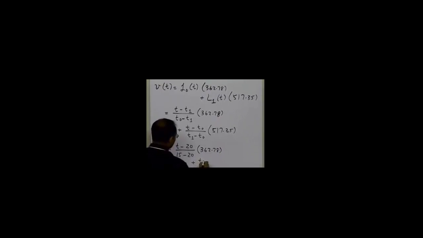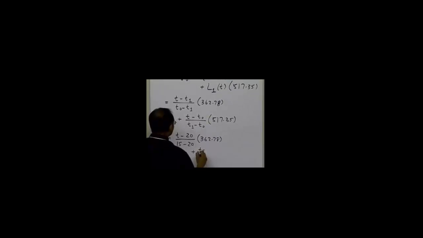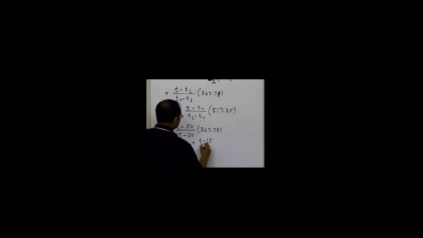Now I can substitute these values: t minus t1 is 20, divided by t naught, which is 15, minus t1, which is 20, times 362.78, plus t minus t naught, which is 15, divided by t1, which is 20, minus t naught, which is 15, times 517.35. So that's going to be my Lagrangian interpolant.